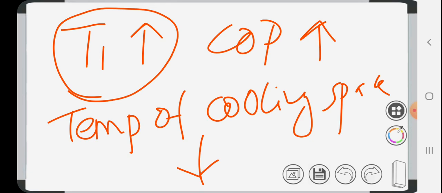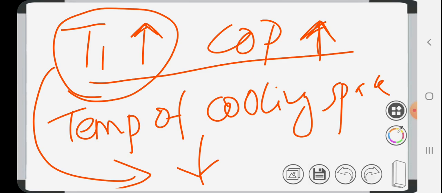We are aiming at maintaining the cooling space at a lower temperature, but according to the equation for COP of the Carnot refrigerator, if T1 increases, COP increases. So this is exactly opposite to our objective. This is another limitation of the reverse Carnot cycle. So these are the limitations of the reverse Carnot cycle.